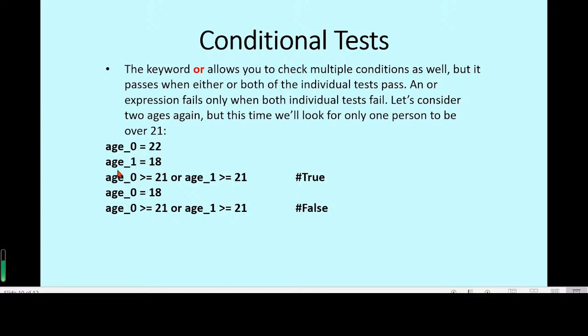These two persons are 22 and 18 years old, then we test if one of the persons is older than 21, the result will be true. And if we assign the first person 18 also, then we test again, the result will be false because neither of the two people is older than 21 now.